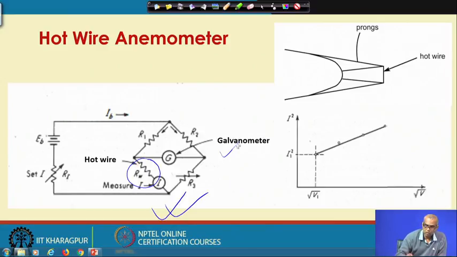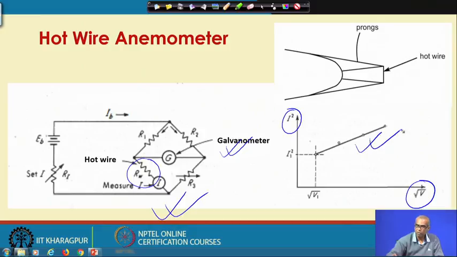This is the galvanometer whose readings will be used to relate to the flow velocity. So, the current versus velocity relationship is linear when I plot I square versus square root of velocity.